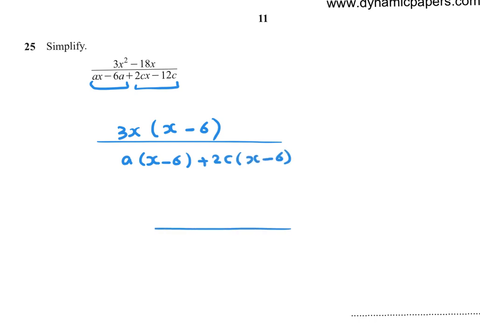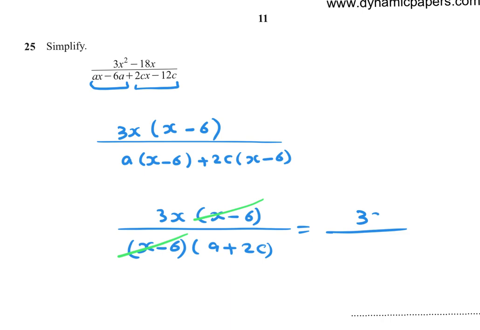For the denominator, you can take x minus 6 common. You are left with a plus 2c. And the numerator is the same, 3x times x minus 6. Now you can cancel x minus 6 with x minus 6. So the simplest form for this algebraic fraction is 3x over a plus 2c.